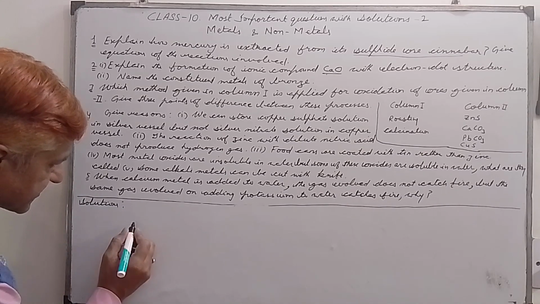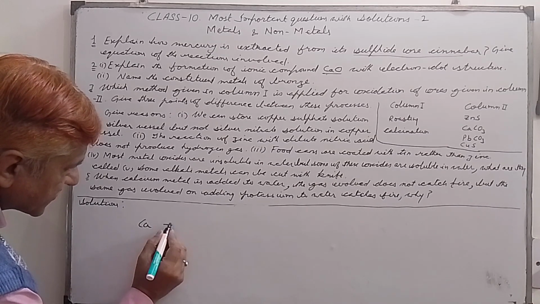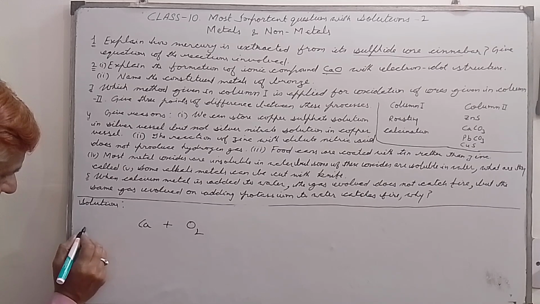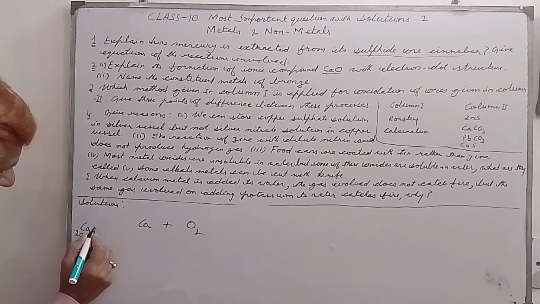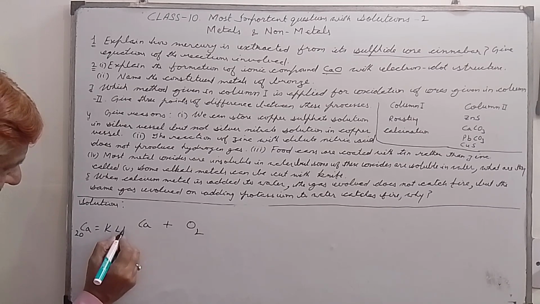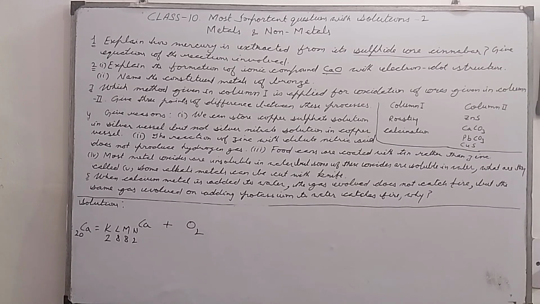So my dear students, calcium and oxygen. What is the electronic configuration of calcium? Atomic number of calcium is 20. So it's K, L and M, and M shell, and the configuration is 2, 8, 8, 2.